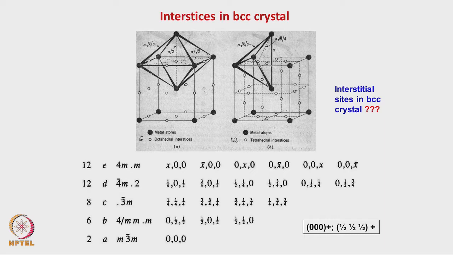How is it determined? If you look at this special position, what are the positions at which the nearest neighbors are there, whether they exhibit the cubic symmetry or not, that tells you. If you look here from this position, this 1, 2, 3, 4, these are at a by root 2 distance.